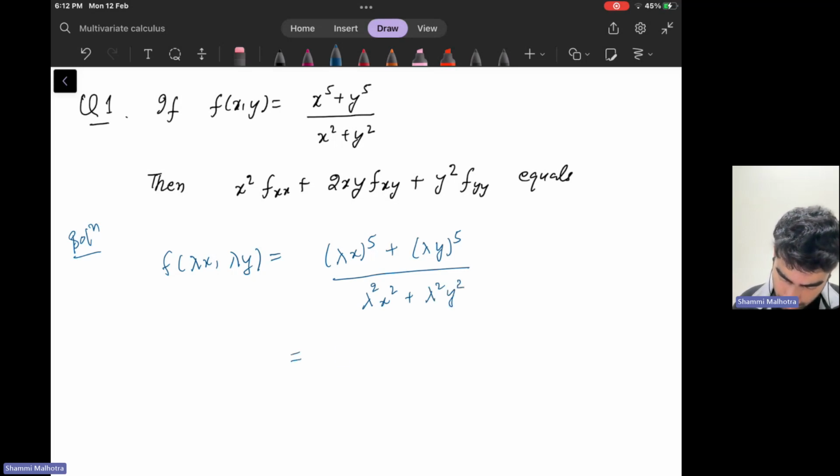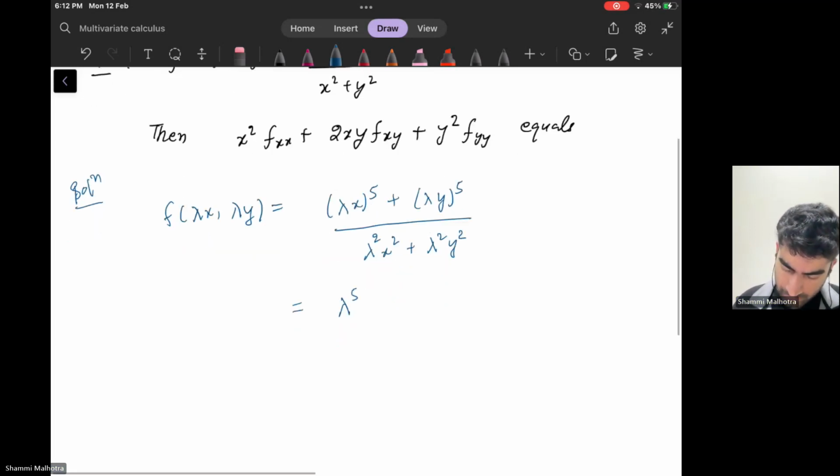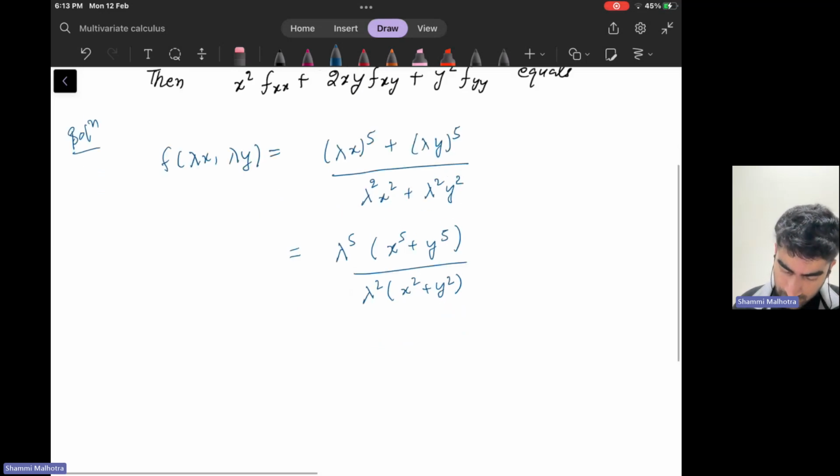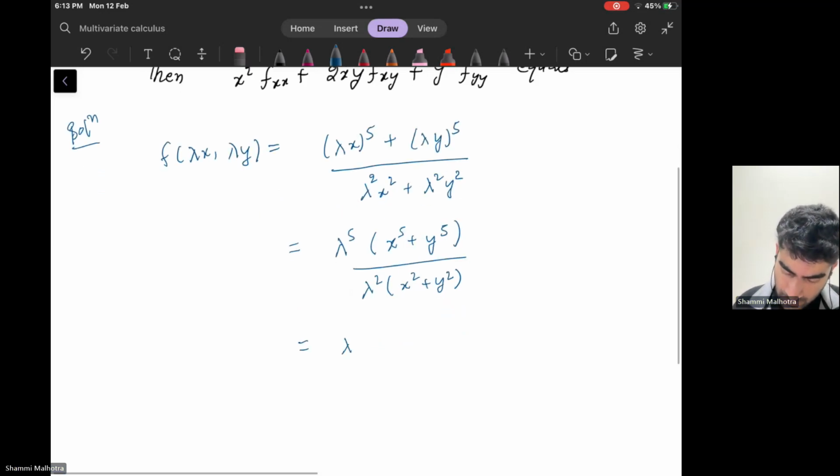This is nothing but lambda raised to the power of 5 times x raised to the power of 5 plus y raised to the power of 5, over lambda square times x square plus y square, and this is nothing but lambda cube f of x comma y.